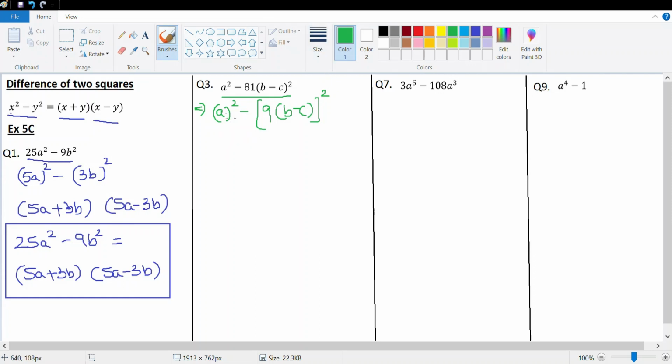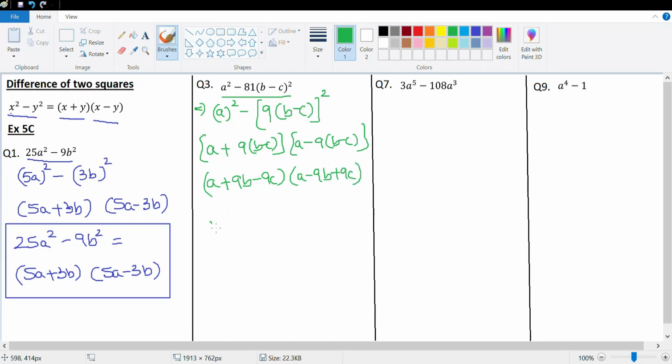So now this is x square minus y square, which means this would be of the form (a plus 9 times (b minus c)) multiplied with (a minus 9 times (b minus c)). Let's open these brackets. So this would be (a plus 9b minus 9c) multiplied with (a minus 9b plus 9c).